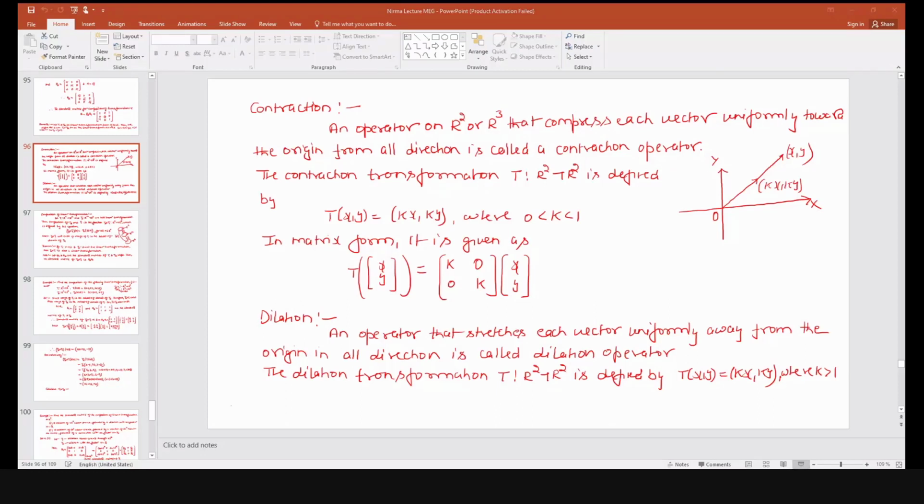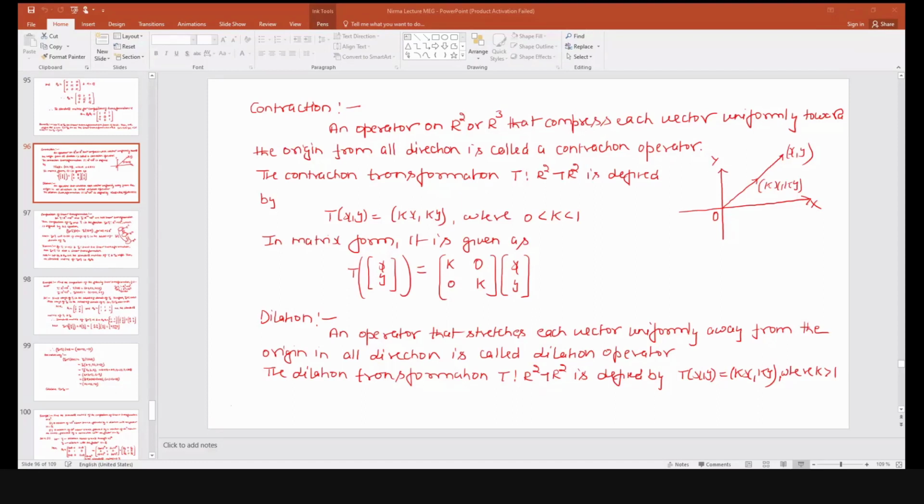Contractions means an operator on R square or R cube that compresses each vector uniformly toward the origin. Suppose we have this vector whose components are x and y. This is your u vector.